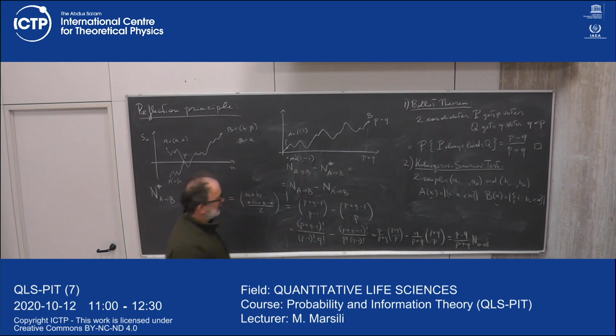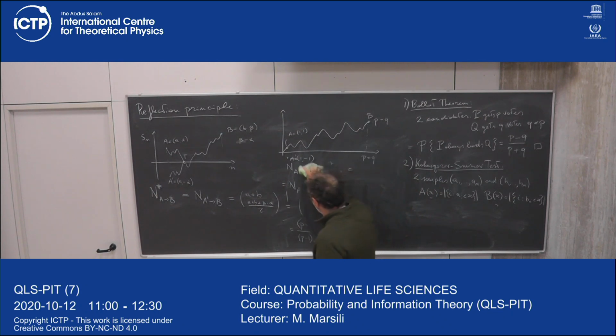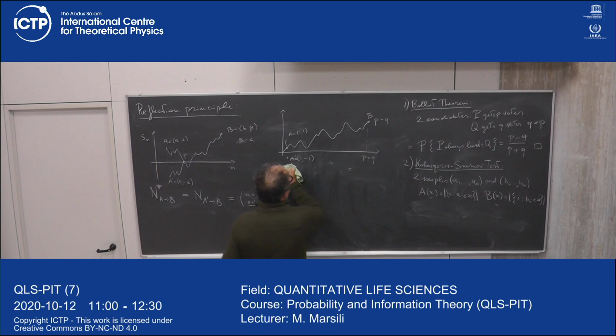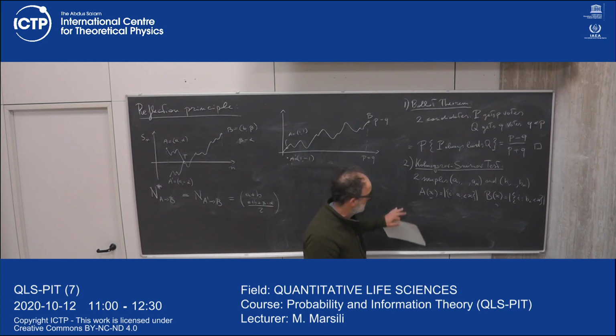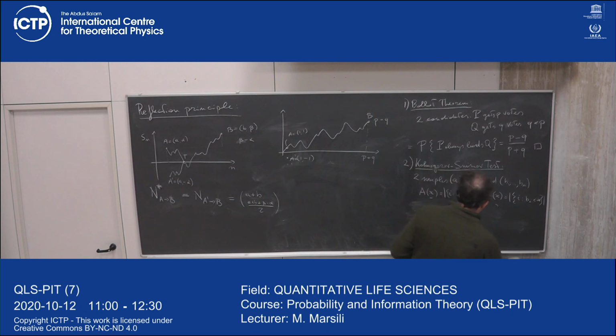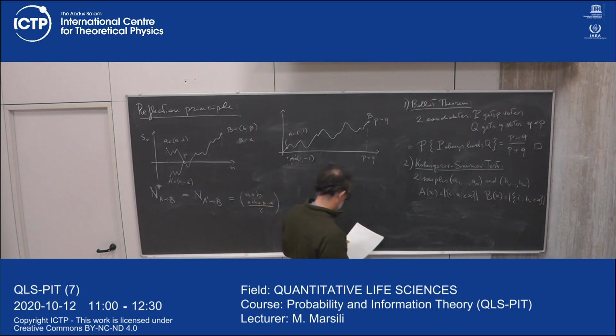So there are other uses of the reflection principle that solve other problems. For example, for the Kolmogorov-Smirnov test, you can compute this probability by a repeated use of the reflection principle.